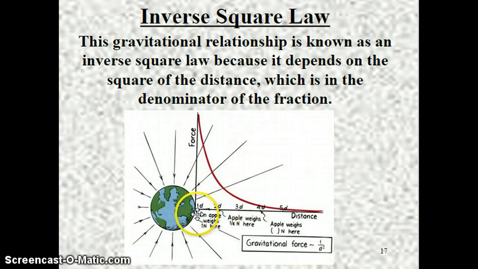So for instance, if you were to double the distance between two objects, the force of gravity between them would go down by a factor of 4. If you were to triple the distance between the two objects, the force of gravity would drop by a factor of 9. So that force tends to get very weak very quickly as distance between objects increases.